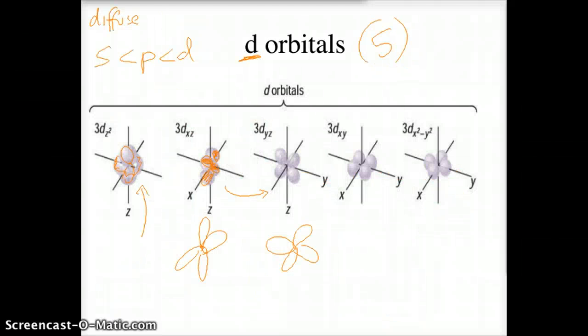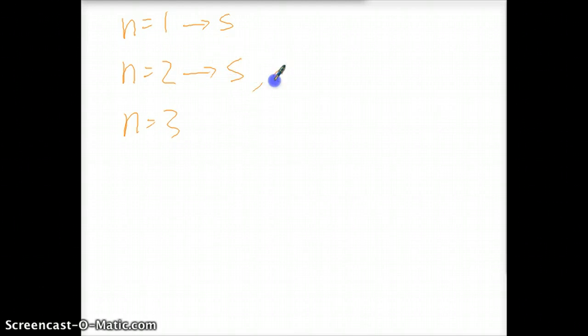The last thing we need to walk away with is that energy levels still exist, n=1, n=2, n=3. The idea is that within each energy level, these orbitals exist. Within the first energy level, there are s orbitals. Within the second energy level, there are s orbitals and p orbitals.